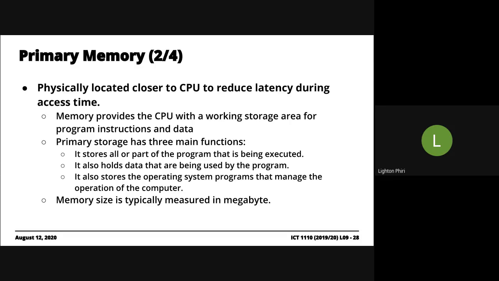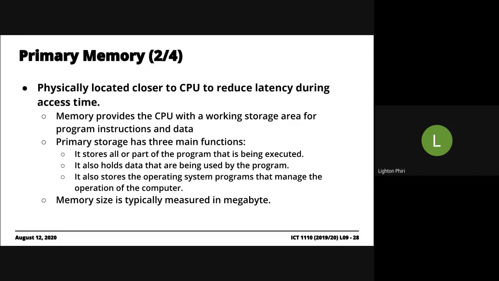And so fundamentally, primary memory is there to act as a storage location for program instructions that are currently being executed. So this is where programs are initially loaded when you double click them or when you launch them. But we know that program instructions don't work in isolation.